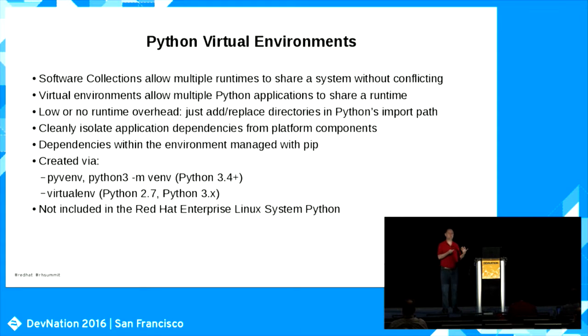It's actually the precursor that became venv in the standard library. And the key thing here is that these are not actually included in the RHEL system Python. We do not provide them in the base operating system. We only provide them in the software collections as a tool for building applications.